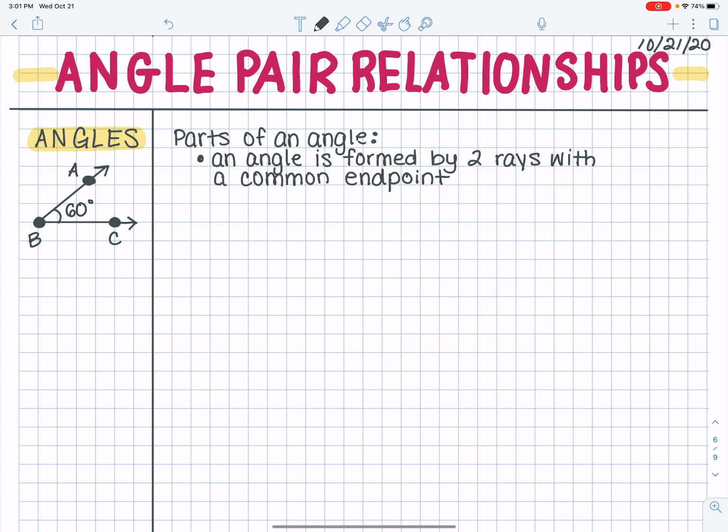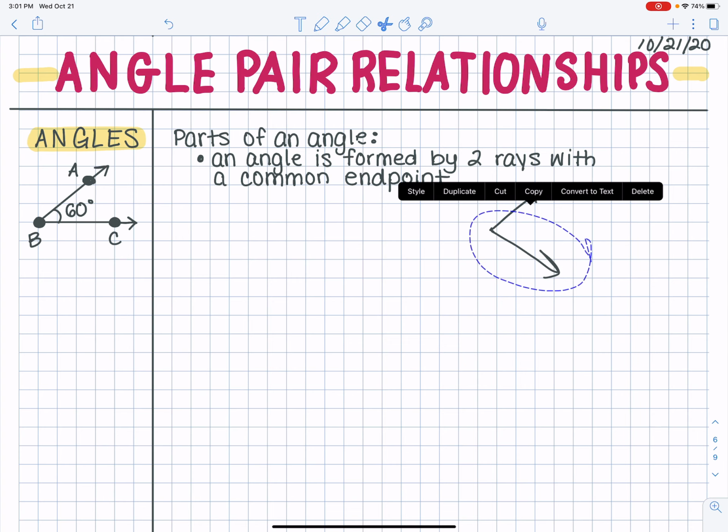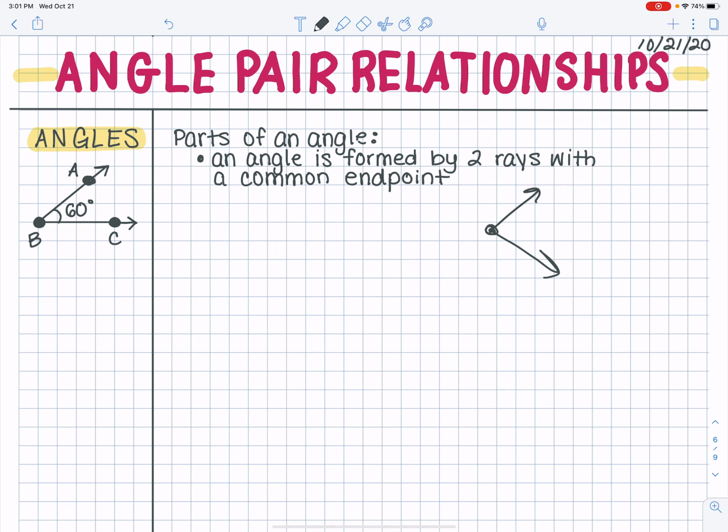Okay, so a ray is something like this, a line that has a stop on one side and continues on the other. What we have in our angle is two different rays. One is here and one is here, but they have a common endpoint. They meet somewhere, and that's what makes it an angle, the angle that's created when they actually meet together.